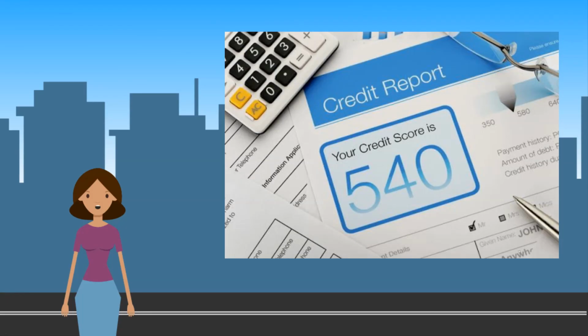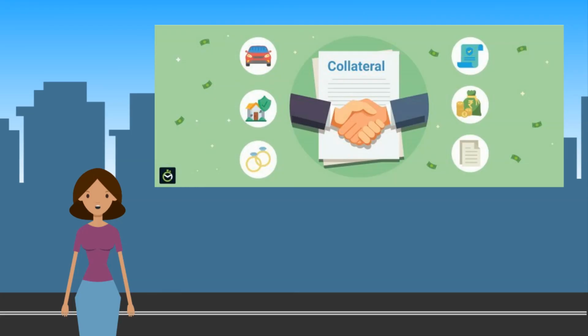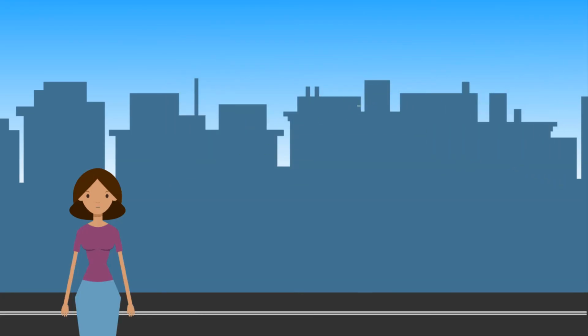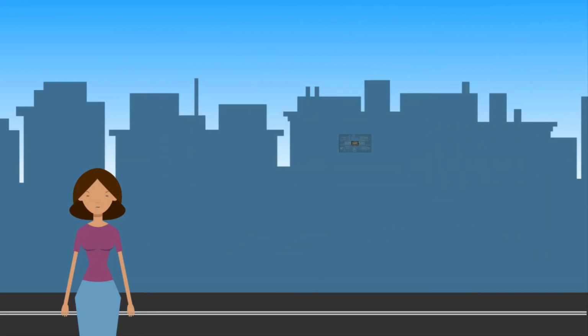Details of existing loans and sources of finance being used. Evidence that a security or collateral is available with the business to reduce the bank's risk of lending. A business plan is presented to explain clearly what the business hopes to achieve in the future and why finance is important to these plans.